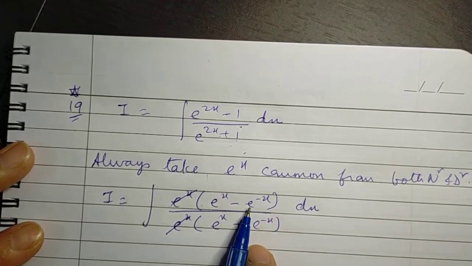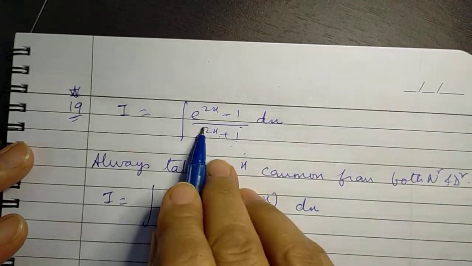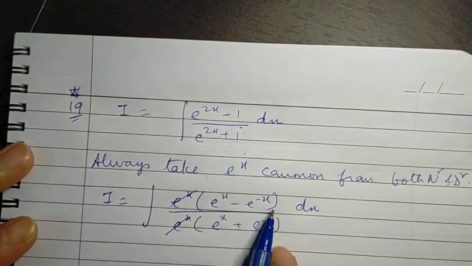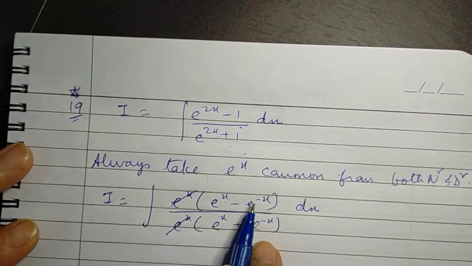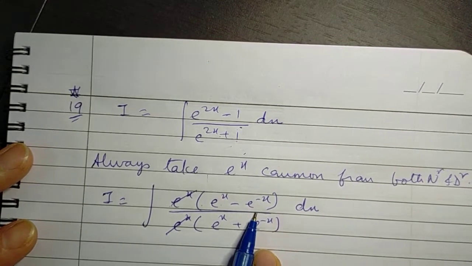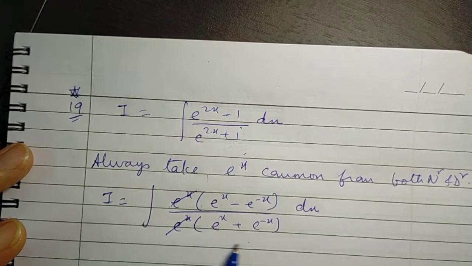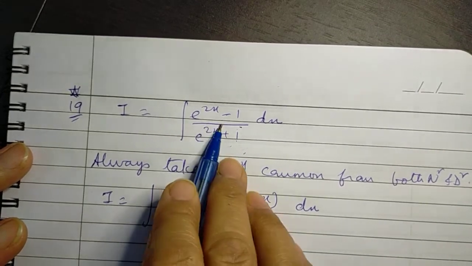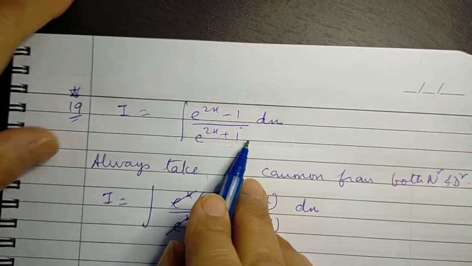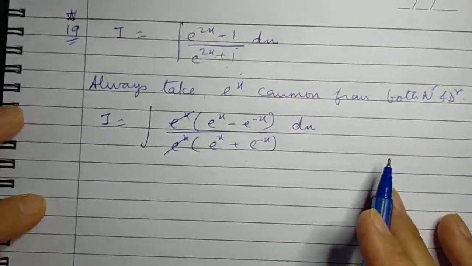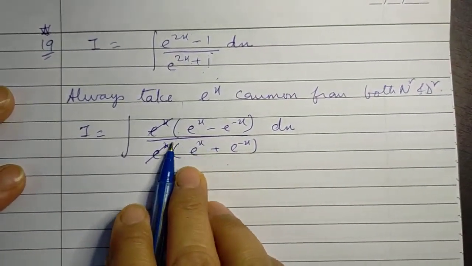You can clearly see that if you want to solve this further, you will be back to this function, because you write this as e raised power x minus 1 upon e raised power x, and this as e raised power x plus 1 upon e raised power x, and take the LCM and solve, you will be back to this function. So we have not changed the function, we have only written it in a form which is convenient for us.